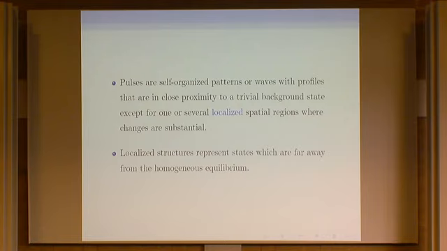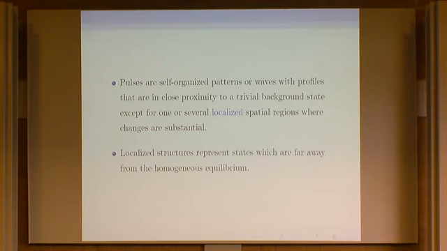Such solutions, if we study differential equations, are far away from a homogeneous equilibrium, so they are not Turing patterns, because it's very difficult to find such solutions in the neighborhood induced by the Turing instability. So they are usually far away from a homogeneous equilibrium.